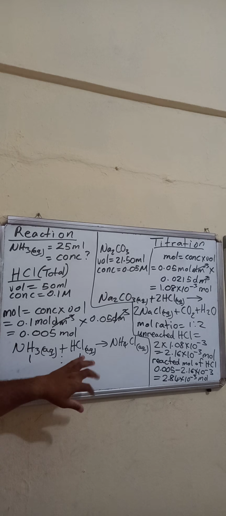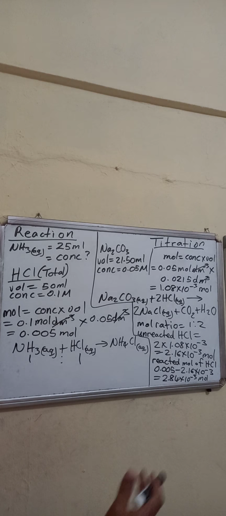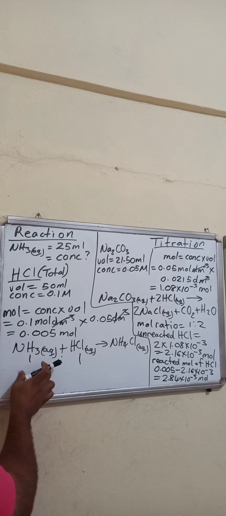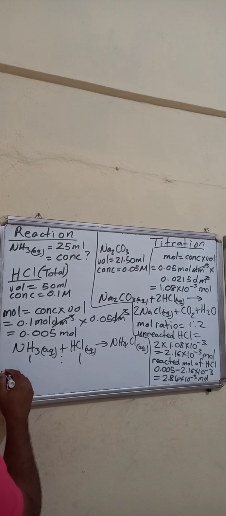Now remember, all along, all we wanted to find out is the amount of moles of HCl that reacted with the ammonia. So we can use the mole ratio between ammonia and HCl to get the moles of ammonia. So now we know that this amount of moles of HCl reacted with ammonia. And since the mole ratio between ammonia and HCl is 1 to 1, then the mole of ammonia is the same.